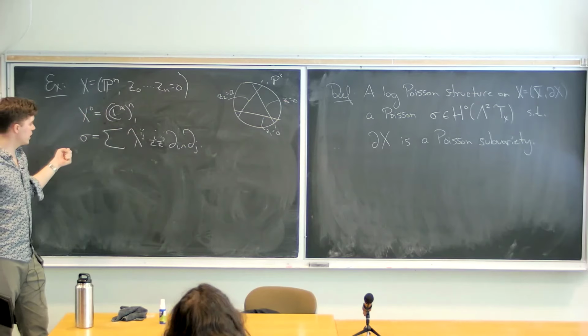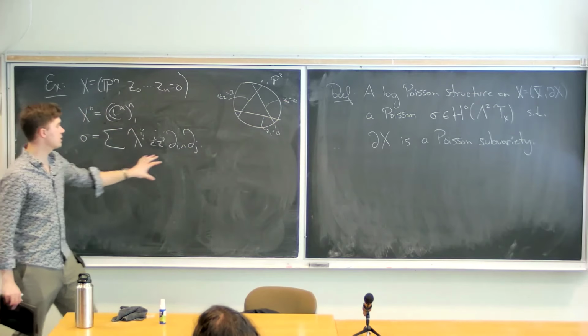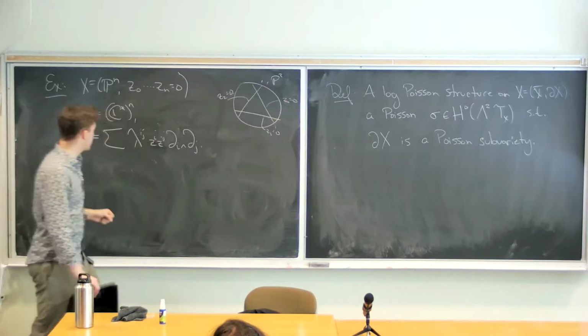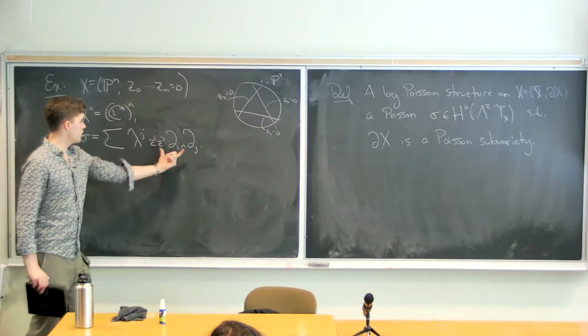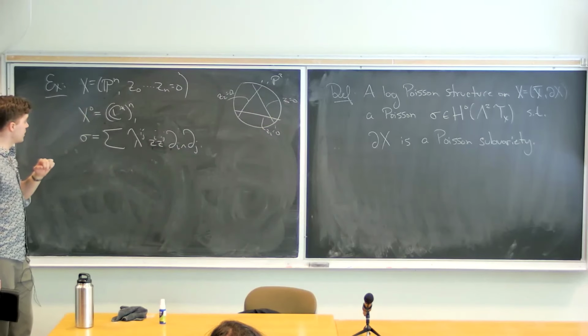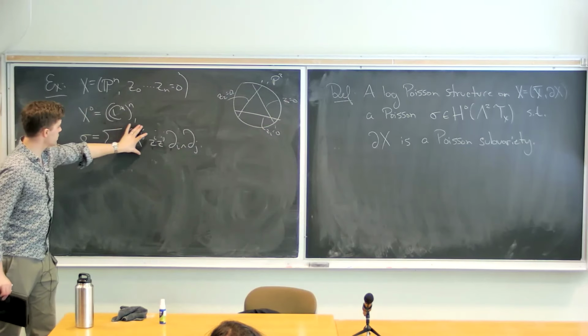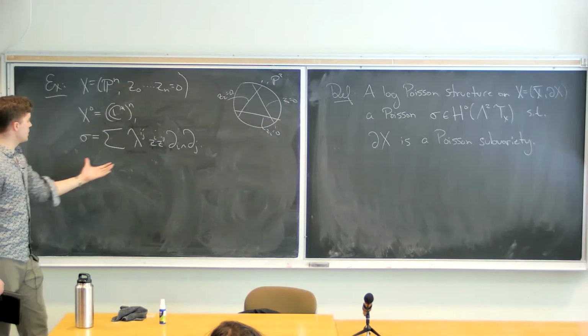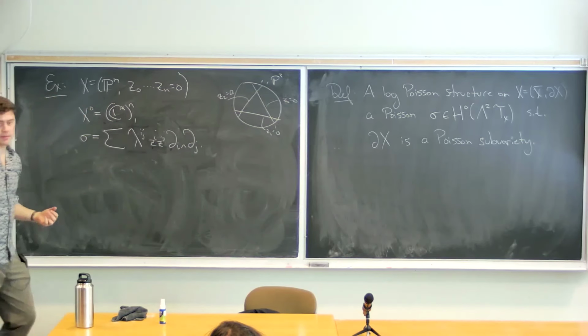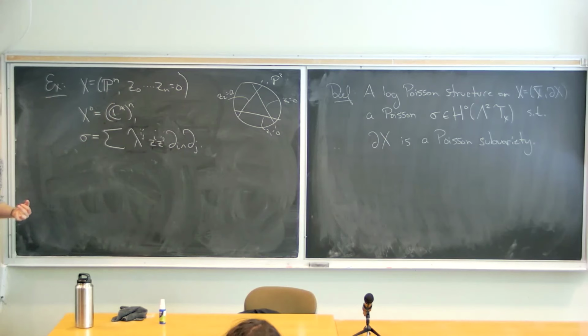And if you are invariant under that torus action, you're going to be able to extend to the entire projective space. So these have degree -1, these have degree 1. The whole thing is going to have degree 0. Sorry, these lambda ij are just numbers, not holomorphic functions. So this Poisson structure will extend to all of Pn. Okay.